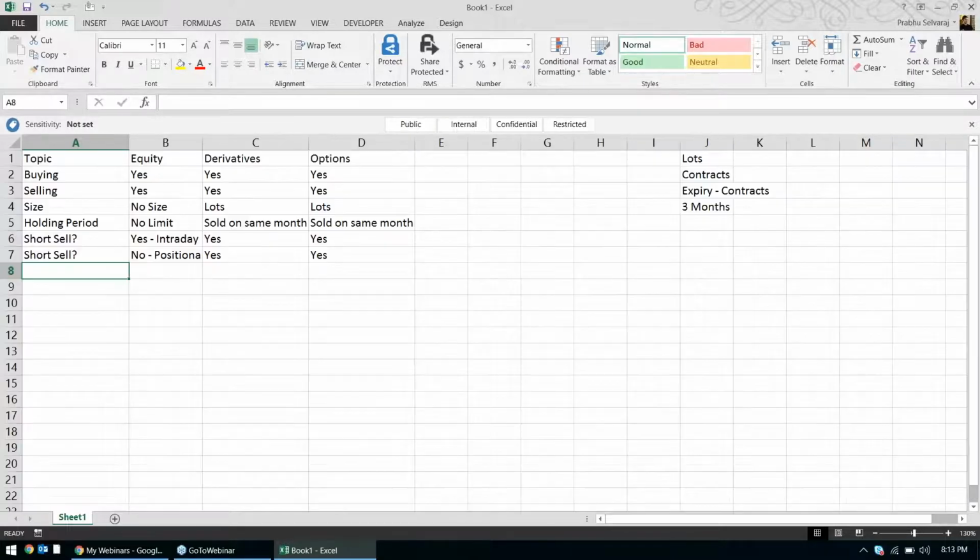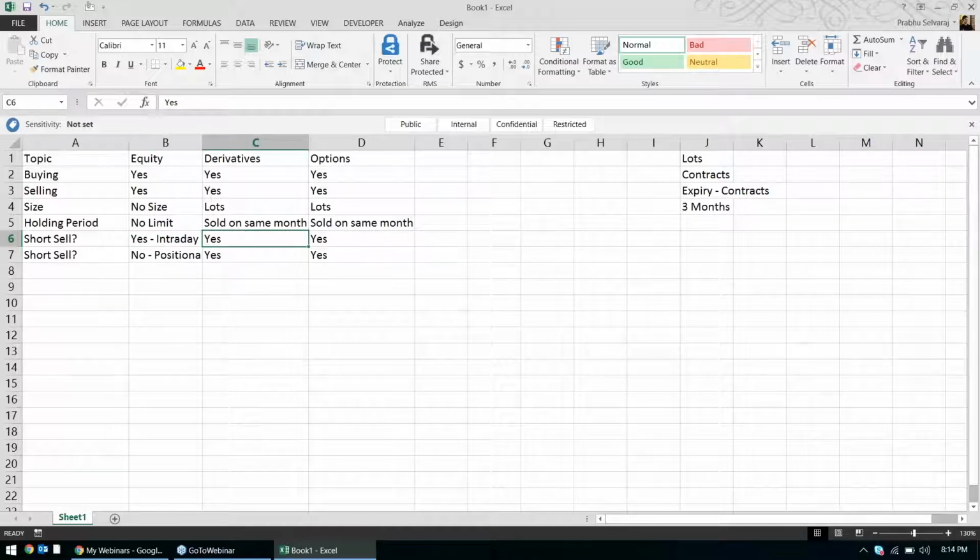Again, you have to square up the short position within the expiry of whichever contract you have bought. I'm not looking into the mobile screen, I'm looking into this chat, so please reply on this chat alone. Don't reply anything on mobile. I'm monitoring the screen with the chat window open. Short sell intraday, yes. In equity, you have to square off the same day you short sell in the cash market.